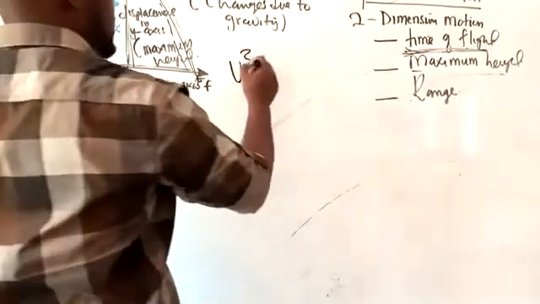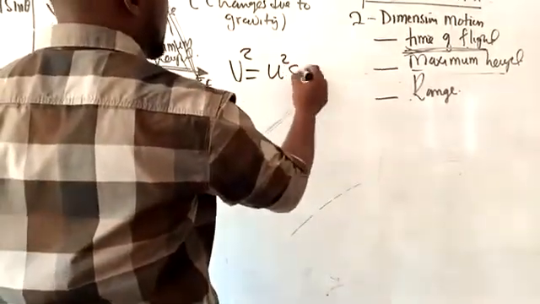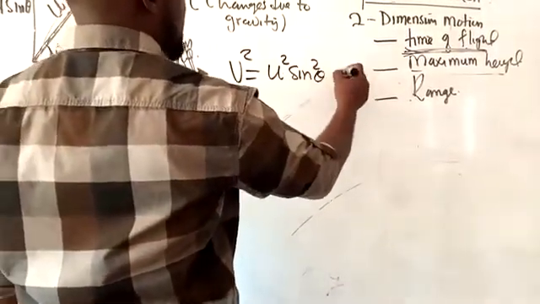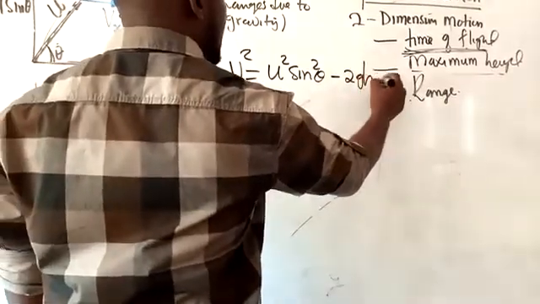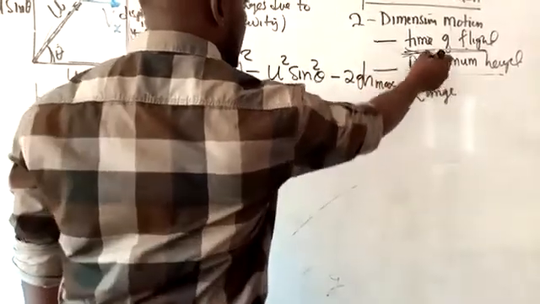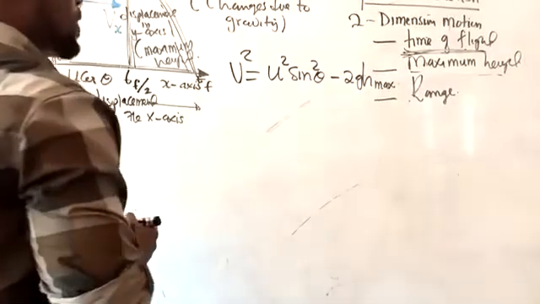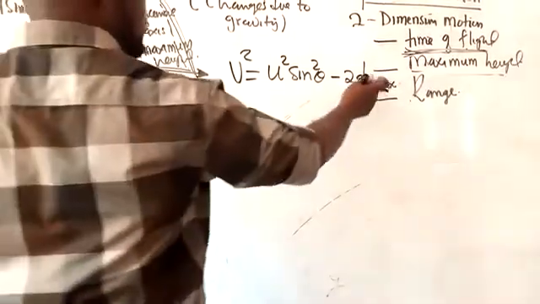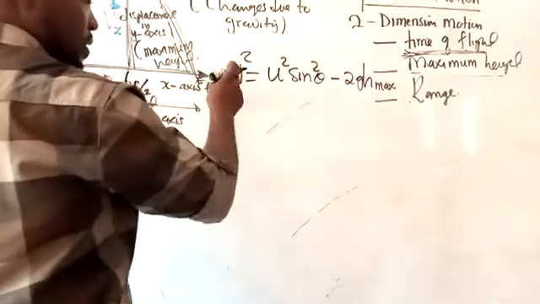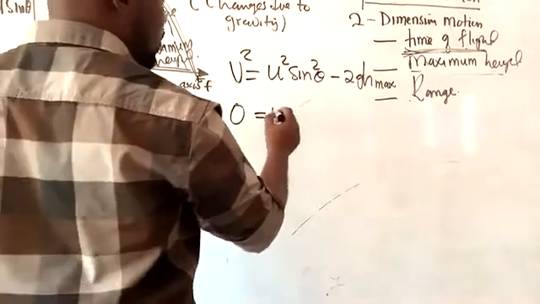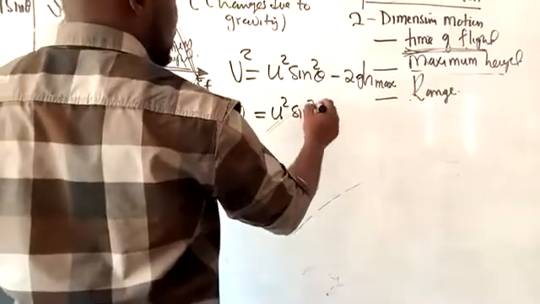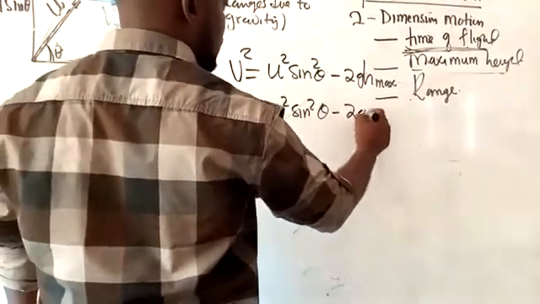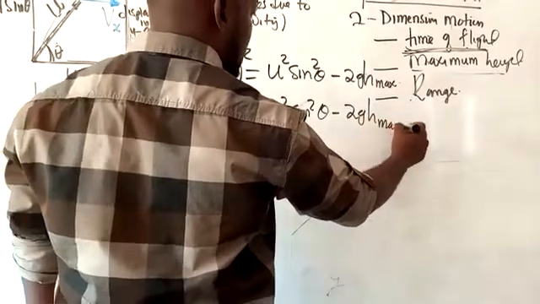So you have v squared equals u squared sine squared theta minus 2g, and I change this s to h max, because I'm looking at the maximum height. So we're going to make this the subject of the formula. Since v is 0, we have 0 equals u squared sine squared theta minus 2g h max.